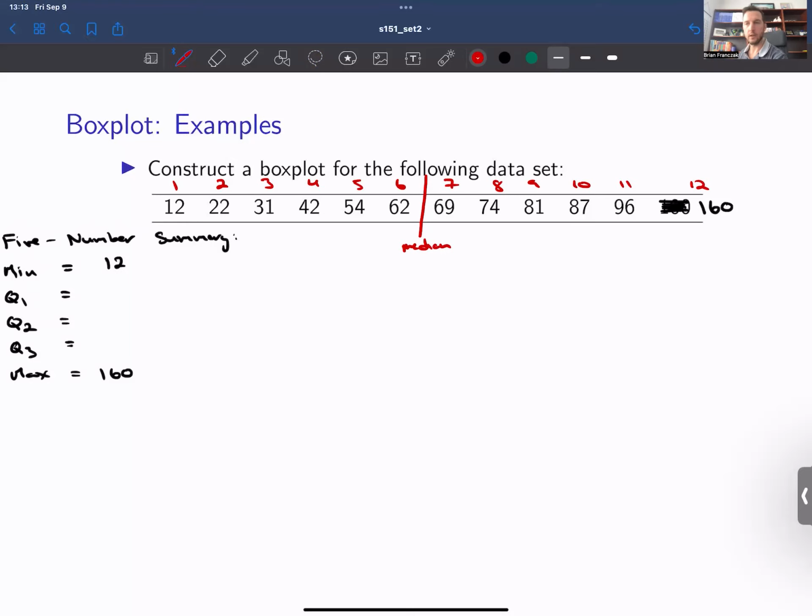Recall that if we are working with an even numbered data set, so a data set where there's an even number of observations, the median will always be in between the 2 midpoints of that data set, or the 2 middle observations. So in the case of 12, between the 6th and the 7th value. All right, so that means that the median is going to be the average of 62 and 69, which is 65.5.